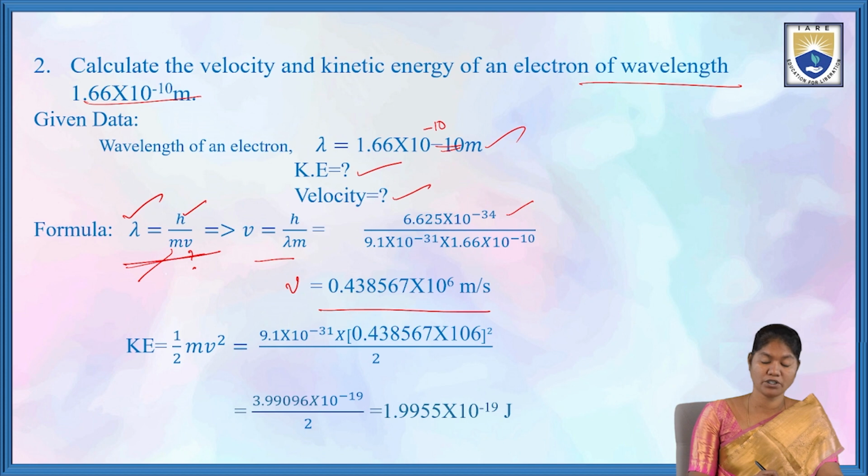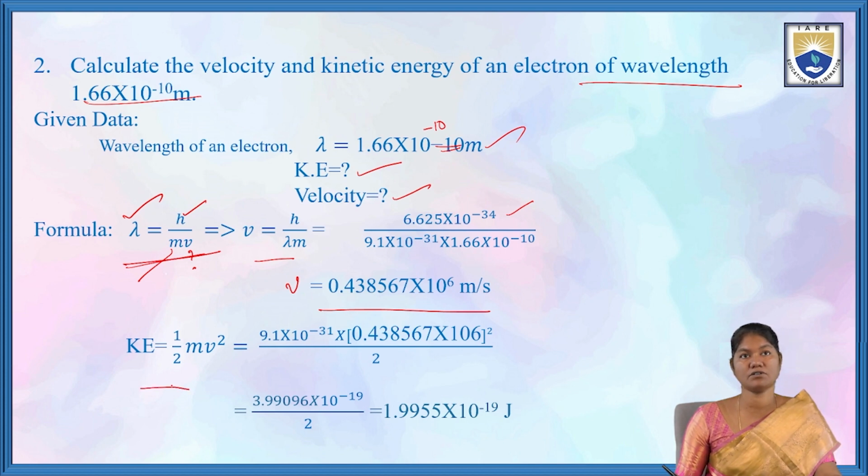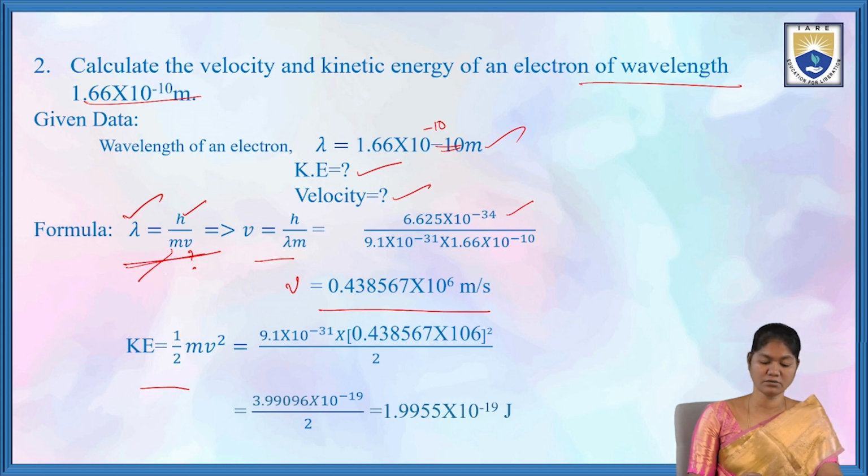Now we are going to calculate kinetic energy. The formula is KE equals 1 by 2 mv square. So m is 9.1 into 10 power minus 31, v is 0.438567 into 10 power 6, whole square, divided by 2.